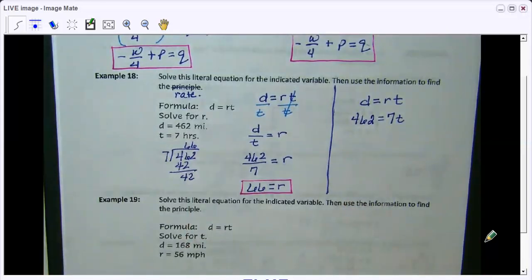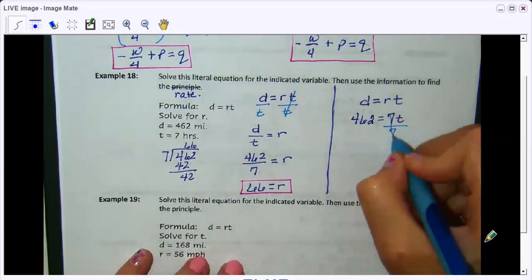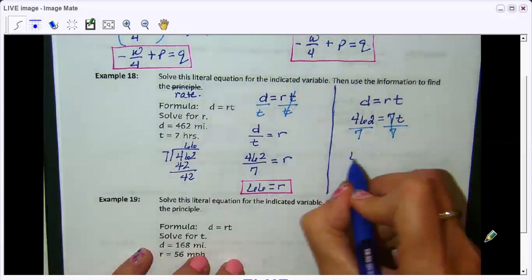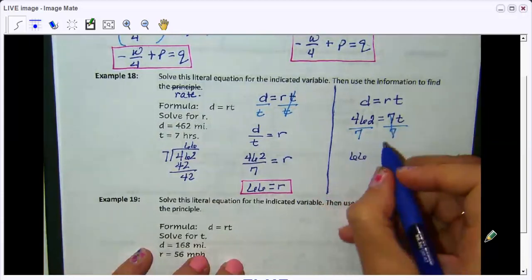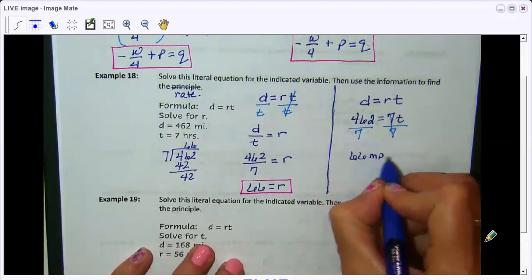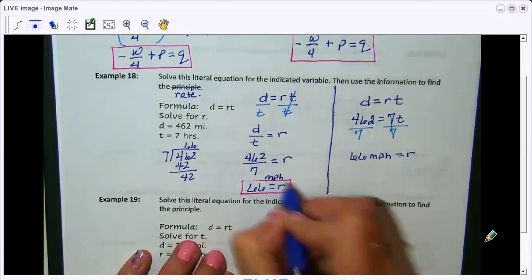Now this is easy, right? We've done this before. What do we do to both sides? And 66 miles per hour. Oh, I forgot to put miles per hour over here.